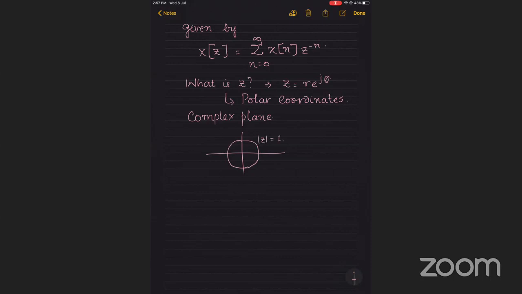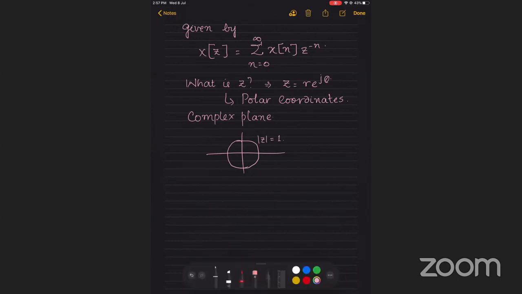Now, here again, I want to look at the same case. For a continuous time system, we said the system is stable if the poles are on the left half of the S-plane. Now we are going to state an equivalent for that condition.